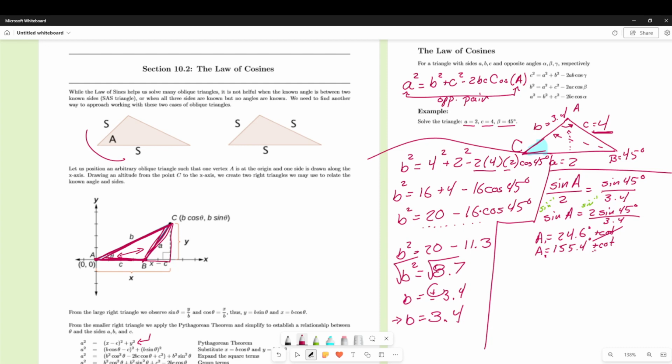But again, we're not going to care about the coterminals because these are triangles. Also, we know it can't be the obtuse angle because we're opposite the smallest side. So, yeah, we get the nice 24.6 degrees.